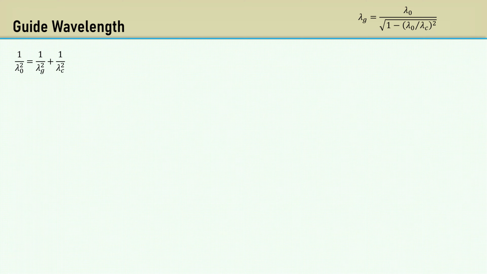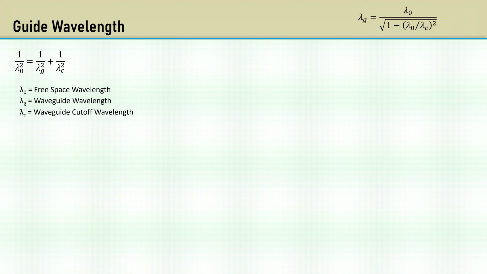Here's the basic relationship between the wavelengths. The inverse square of the free space wavelength lambda naught is equal to the sum of the inverse square of the waveguide wavelength plus the inverse square of the wavelength at cutoff, where lambda naught is the free space wavelength, lambda g is the waveguide wavelength, and lambda c is the waveguide cutoff wavelength.